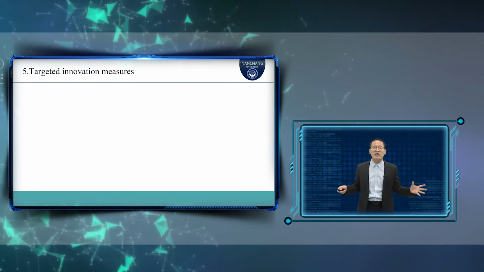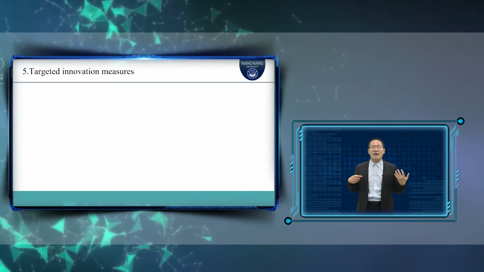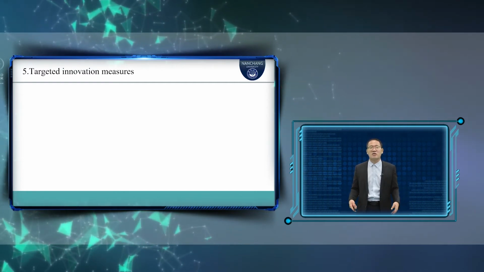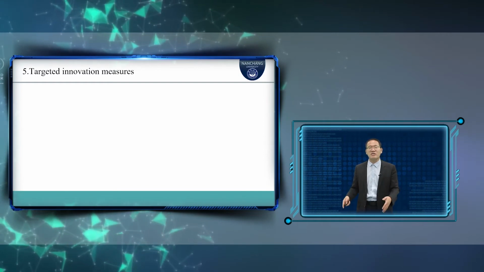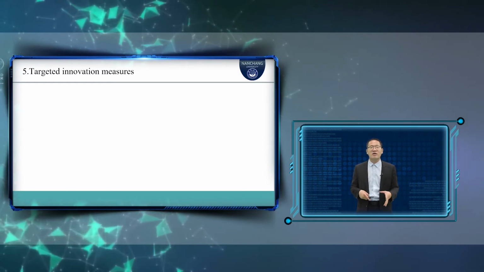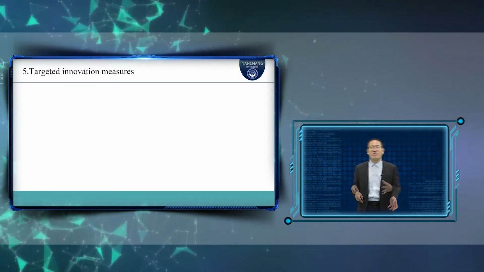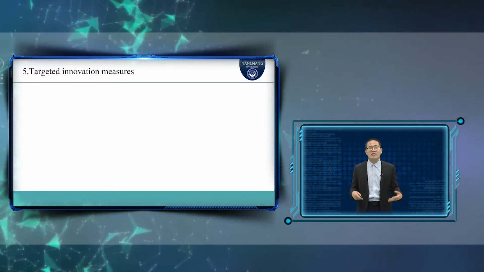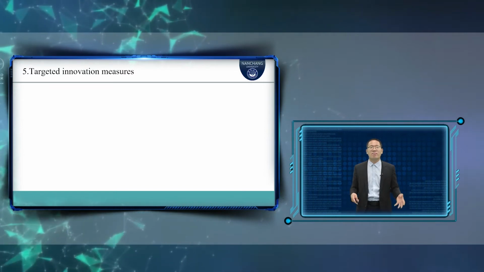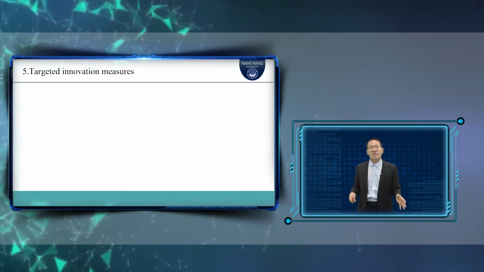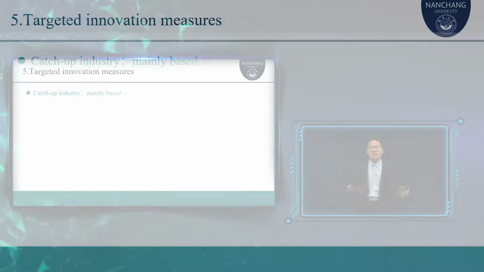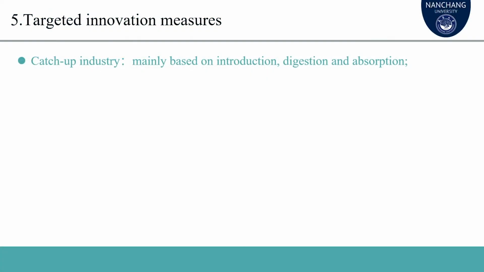Consequently, at different stages of an economy's development, the endowment structure is different from the industrial structure. The optimal innovation level and its structure are not the same. For the 5 types of industries mentioned earlier, innovation methods of each type have their own features. The innovation of the catching up industries is mainly based on introduction, digestion, and absorption.